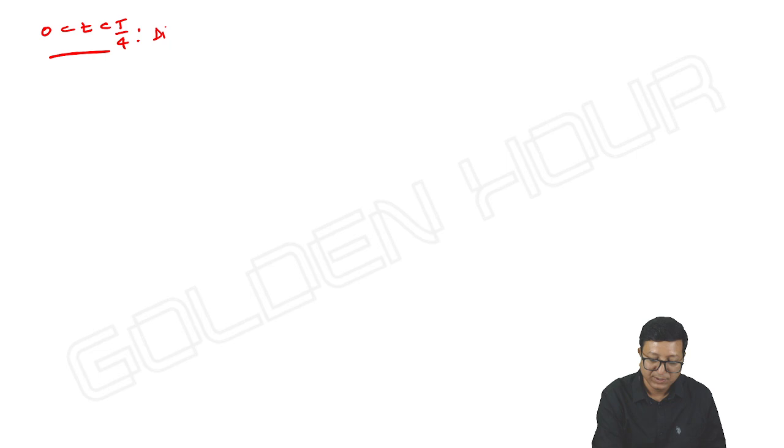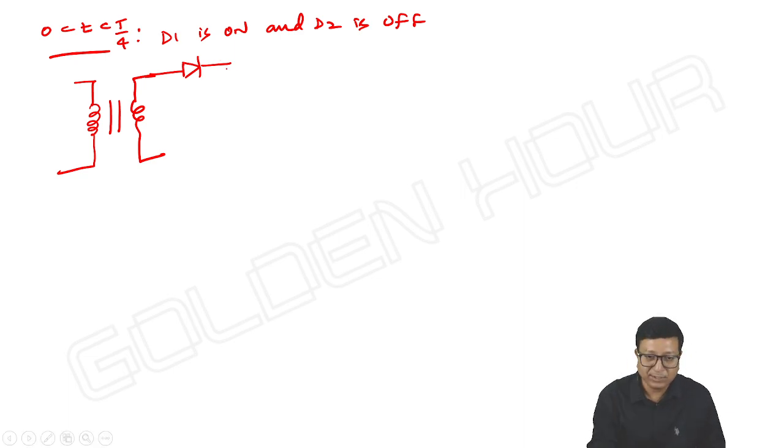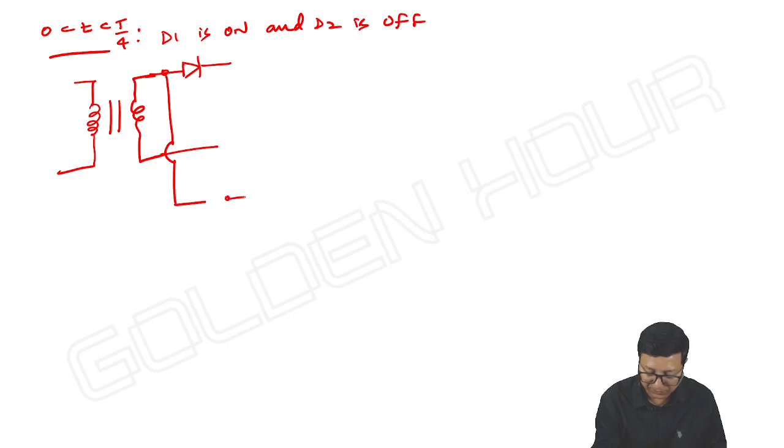Let me take the first quarter cycle, T by 4. D1 is on and D2 is off. So what is our equivalent circuit? D1 is almost acting like a short circuit. D2 is an open circuit.